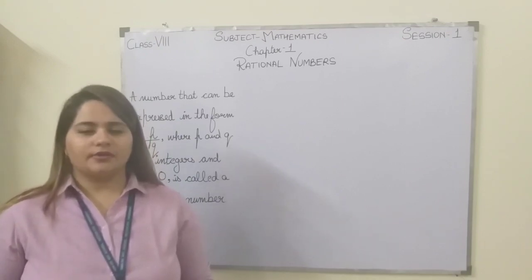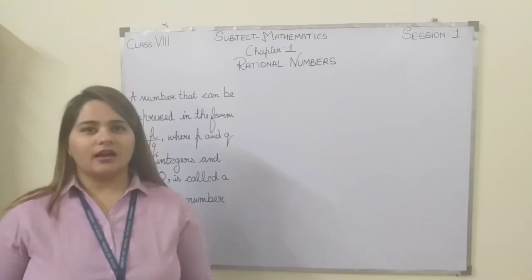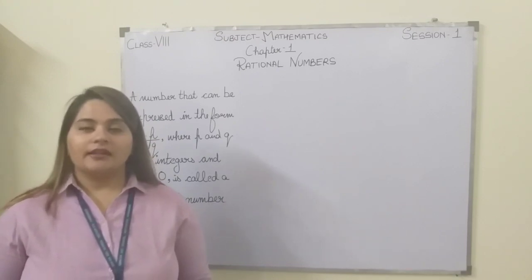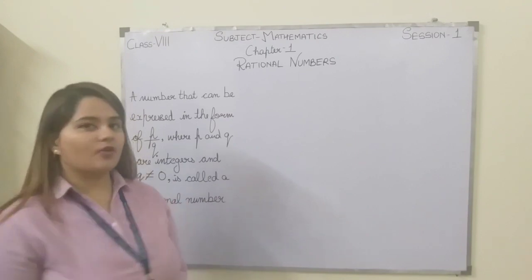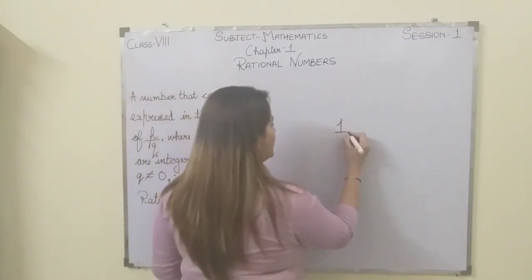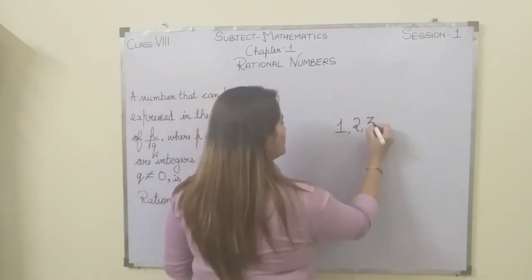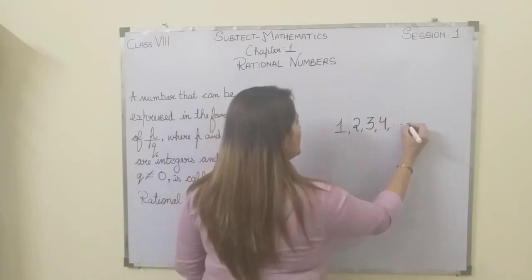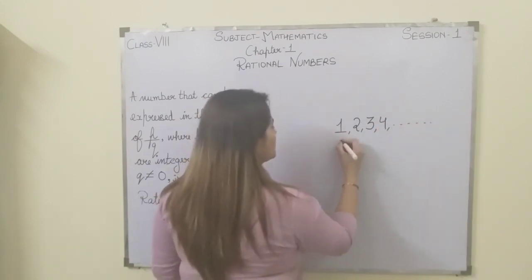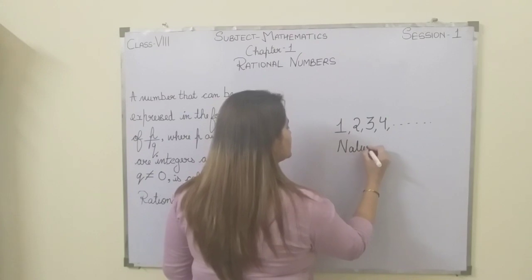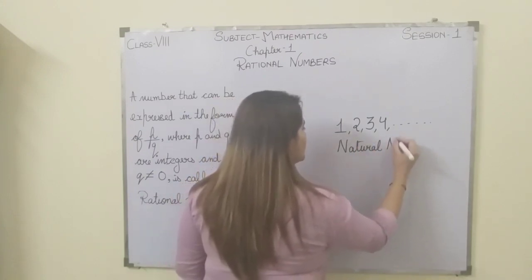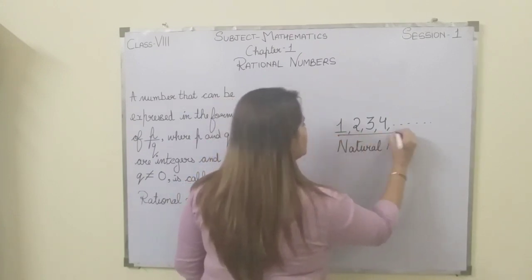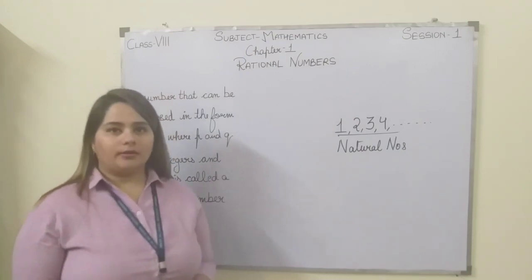So natural numbers are the counting numbers. And as we know that counting starts from 1, 2, 3, 4 and so on. So, natural numbers are counting numbers. Whole numbers.